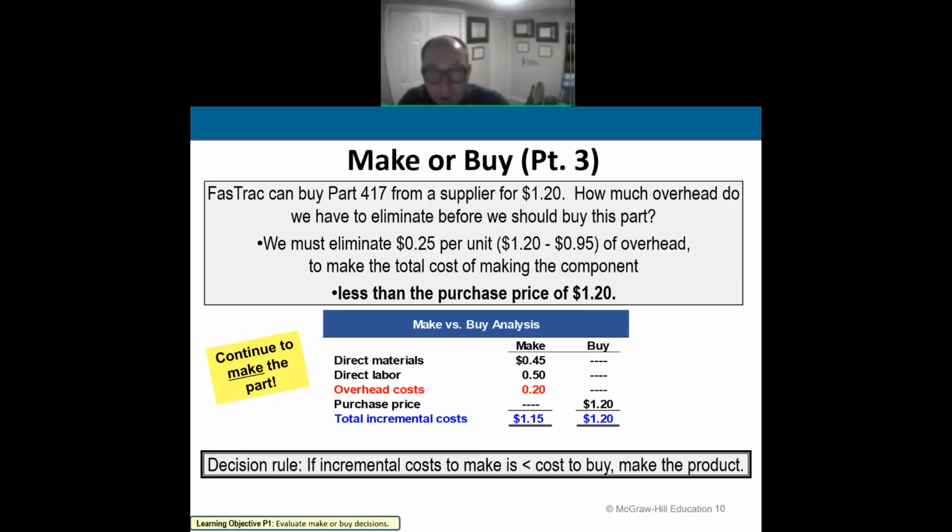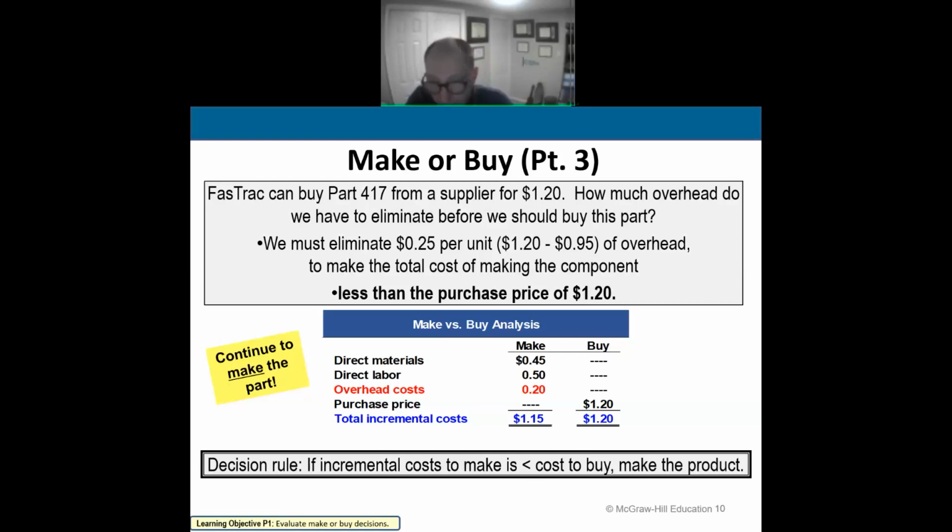So in the make or buy decision, if I were to purchase the wiper blades from Michelin instead of making them myself, I would still need to allocate overhead to that purchase. And the reason for that is because I still need to keep that in my inventory in my warehouse.